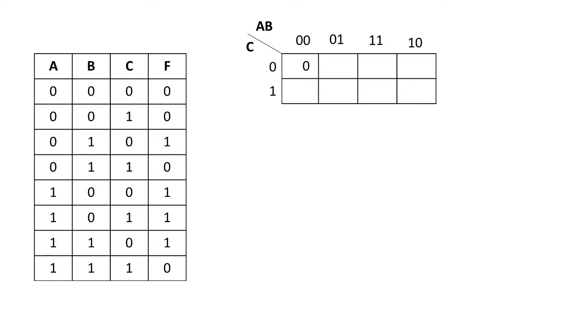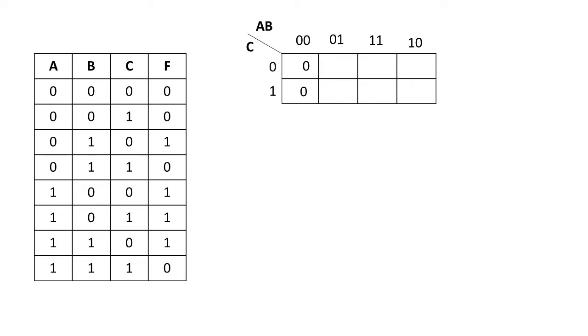But along with AB we also have the value of C. C is 1 in the second row, so AB is 0 and C is 1. That is the first column of the second row. So the function value of the second row has to be put in that position.